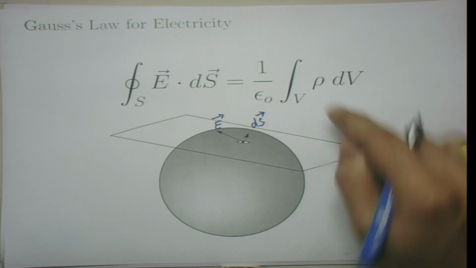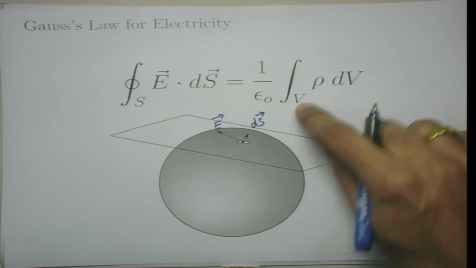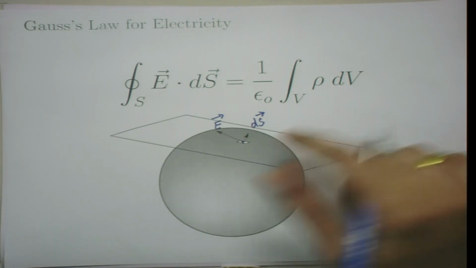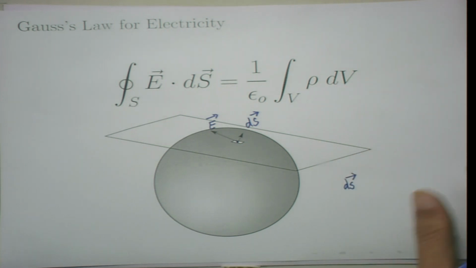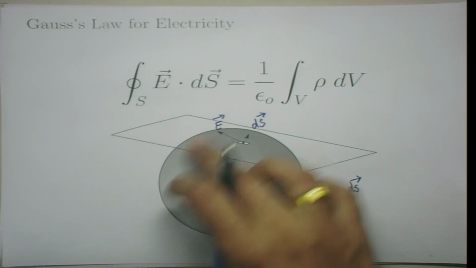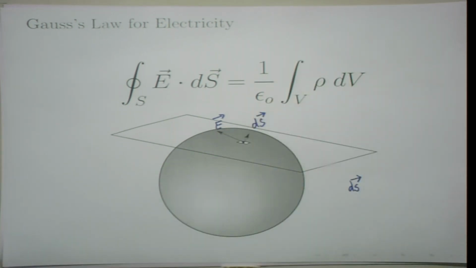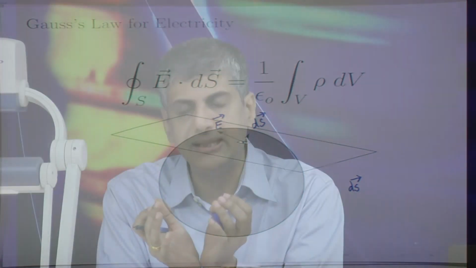In fact, this is a volume integral, the volume being whatever is enclosed by this surface, and rho is the charge density in coulomb per meter cube, and therefore this rho dV integral over this volume is the charge within this surface.